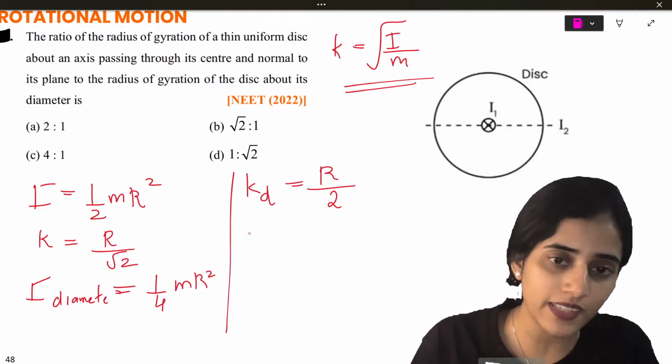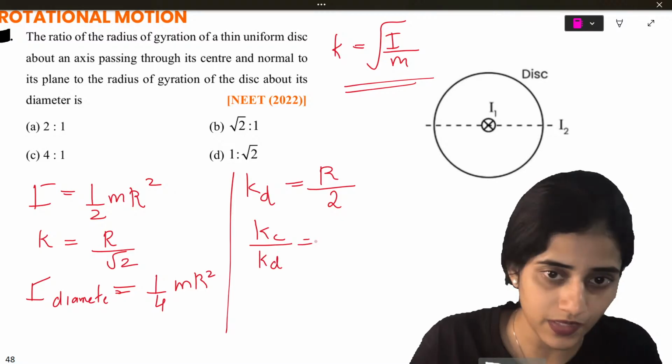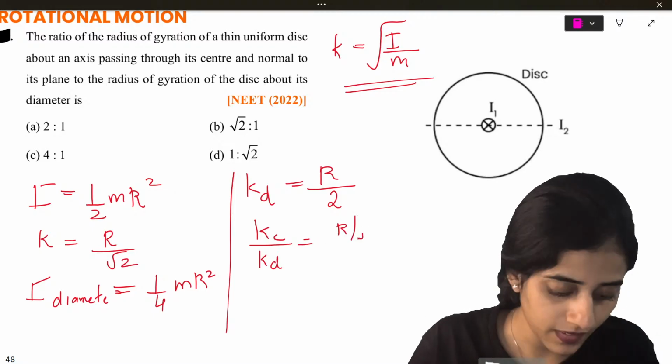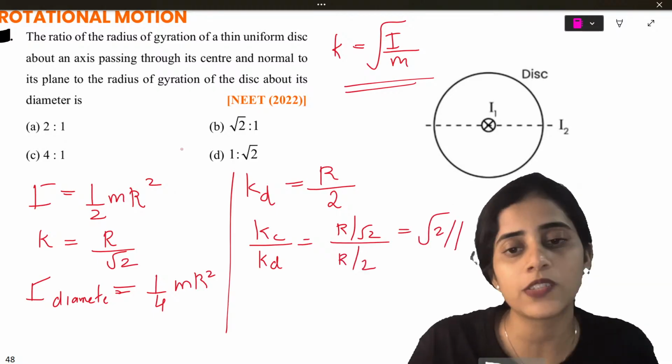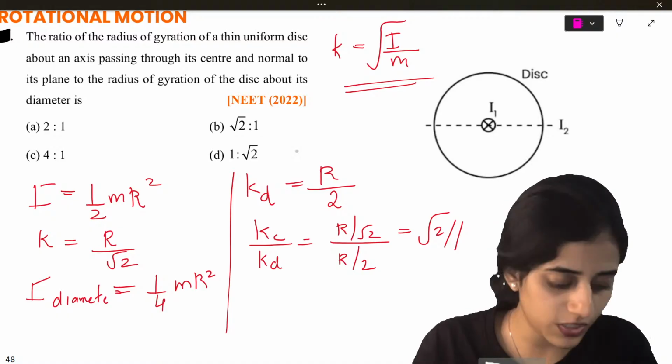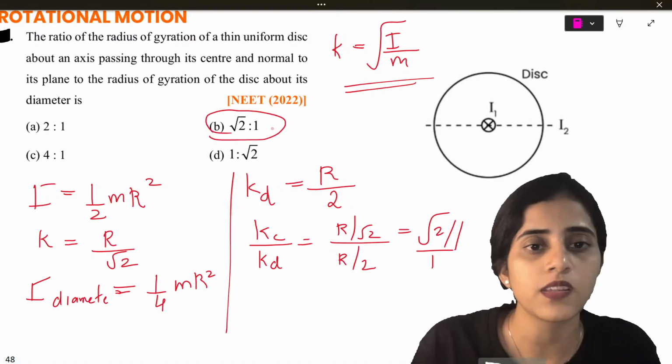Now I will take the ratio. kc by kd will be r by root 2 divided by r by 2, which is equal to root 2. So the answer is root 2 is to 1.